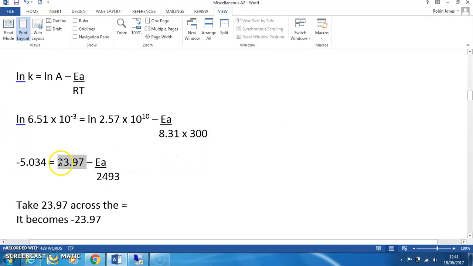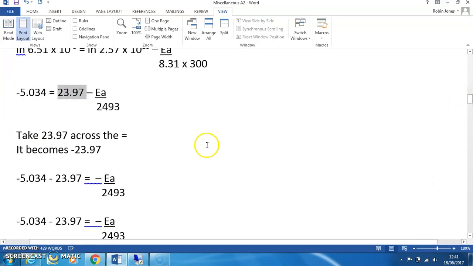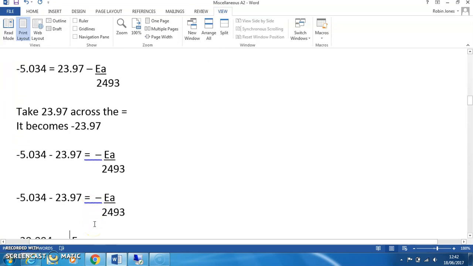I took this and hopped it over to the other side of the equal sign, and it becomes minus 23.97. So that takes us to minus 5.034, take away minus 23.97, equals minus activation energy divided by this number, which was 8.31 times 300, and so we're very close now.